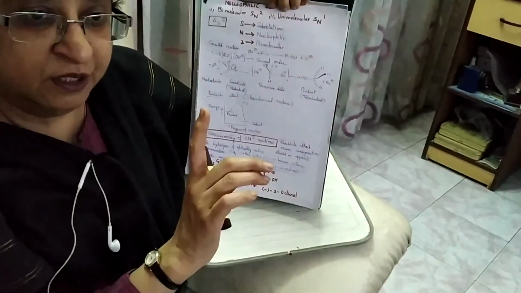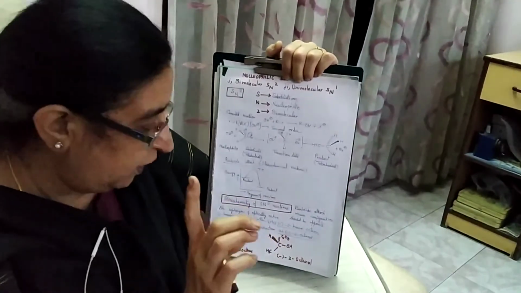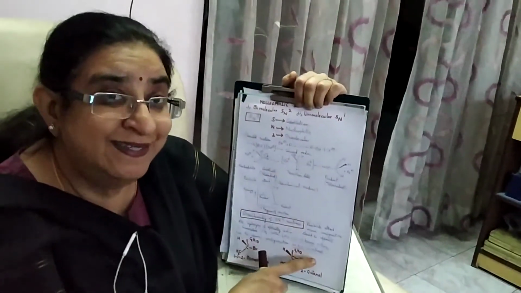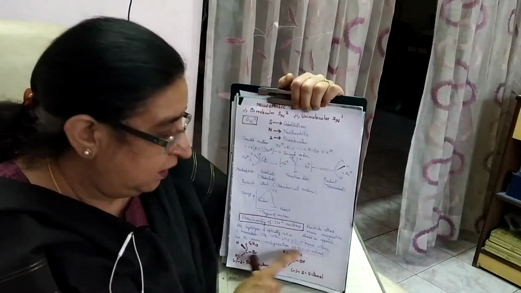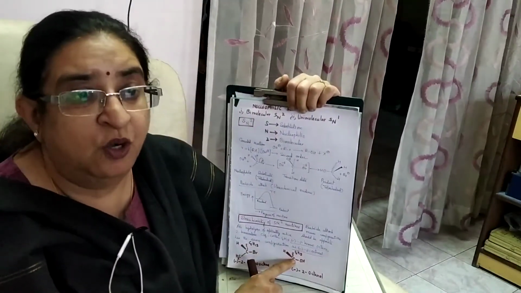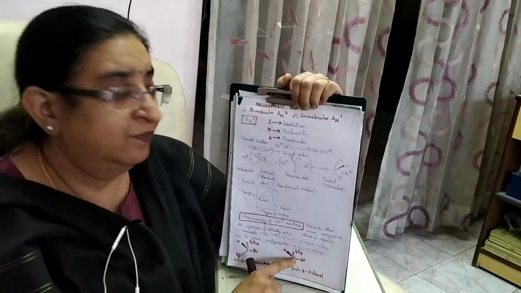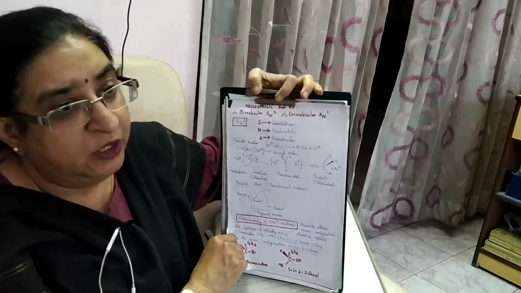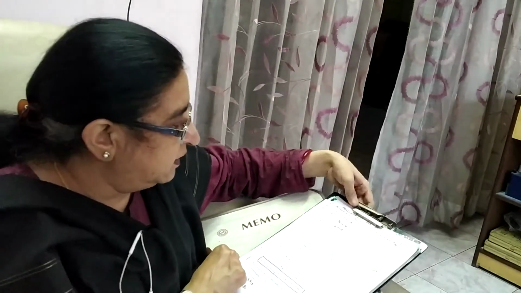So don't confuse them. The only point you have to remember is that here these two structures are the same. Same means that they are not opposite to each other. Next I'll tell you what actually happens during this reaction.